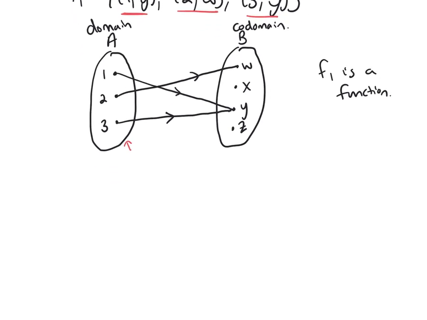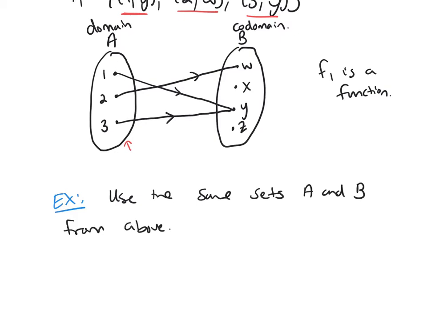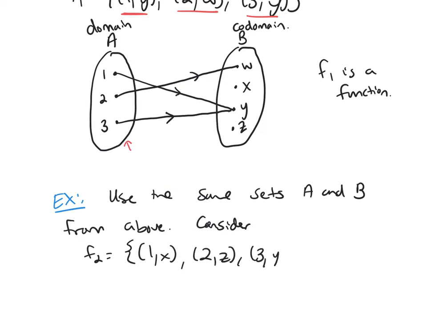Now let's look at something similar to that one. We're going to use the same sets A and B from above. And now we're going to consider the relation F2 that's given by (1, X), (2, Z), (3, Y), and (2, X).